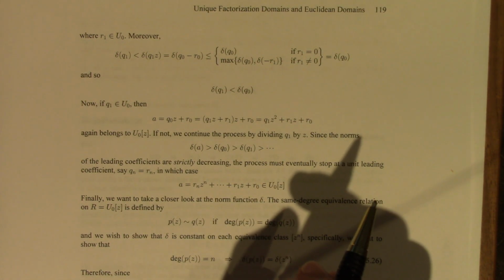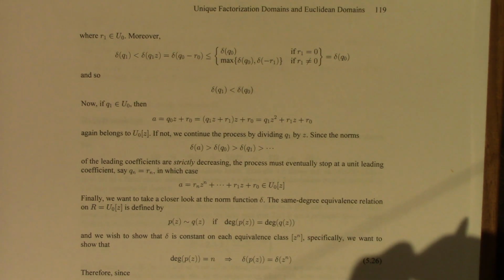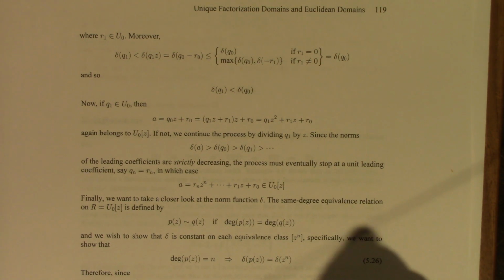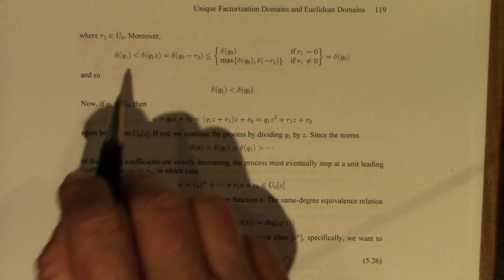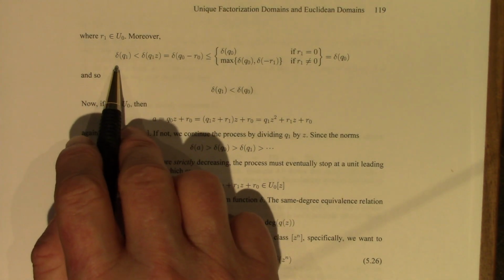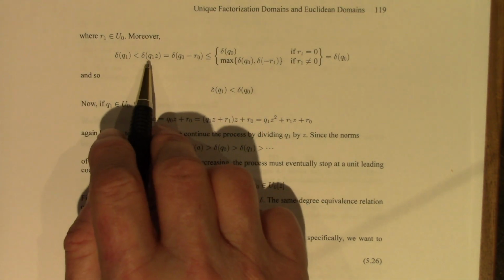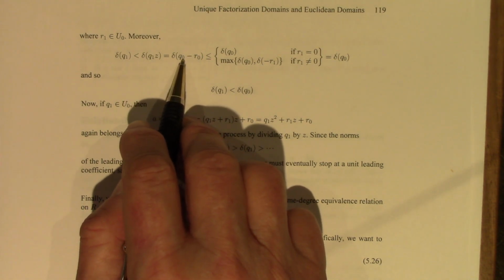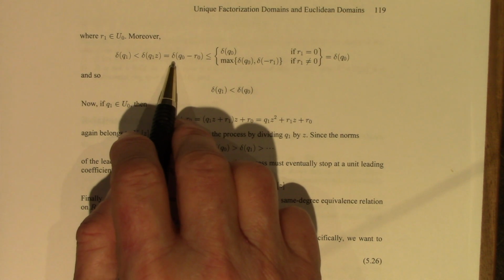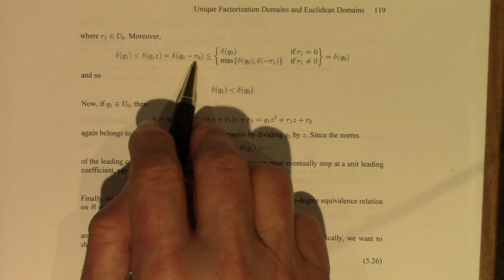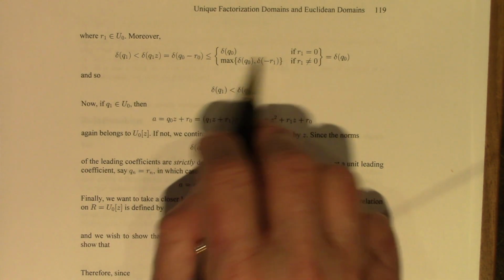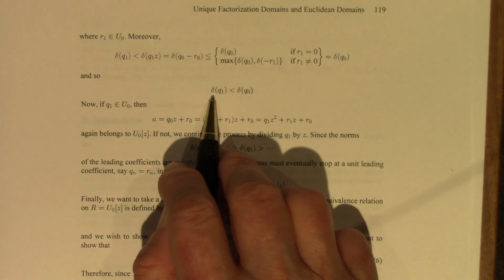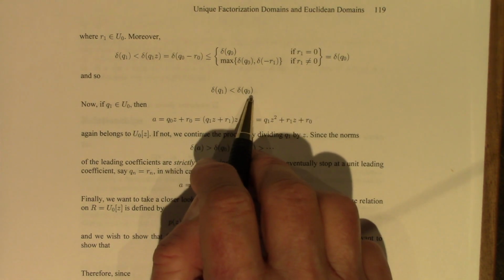We've already seen that the degree, or the norm, of Q0 was less than the norm of A. The norm of Q1 is less than the norm of Q1 Z. This is the same as what we just did with different symbols, which is equal to the norm of this difference. Same inequalities here. So the norm of Q1 is less than the norm of Q0.